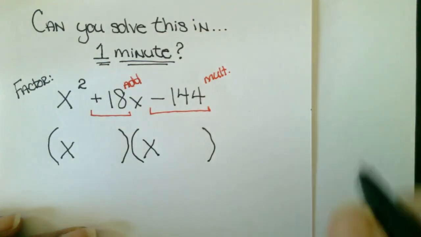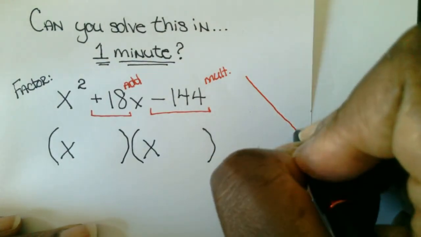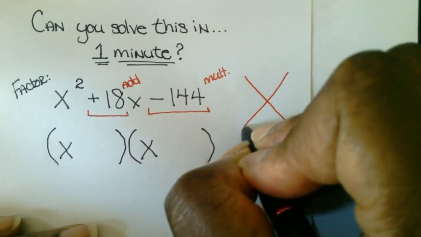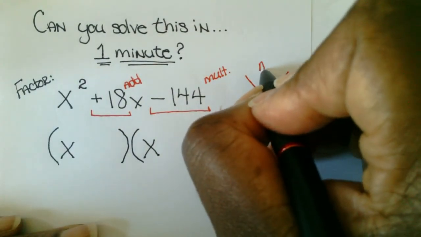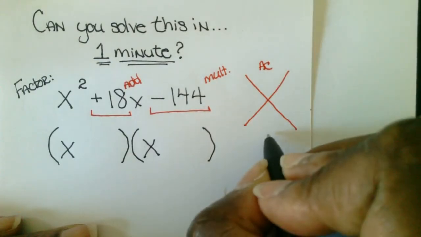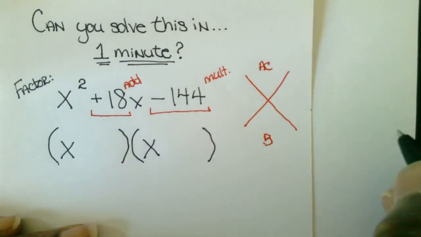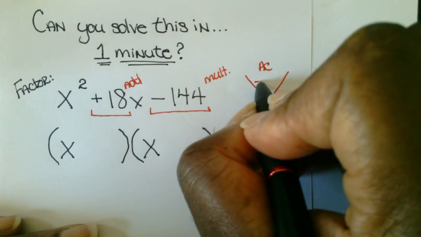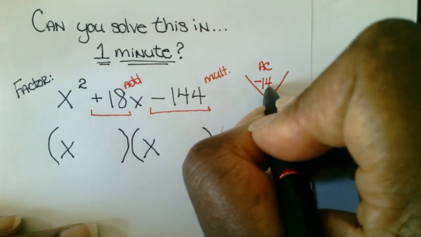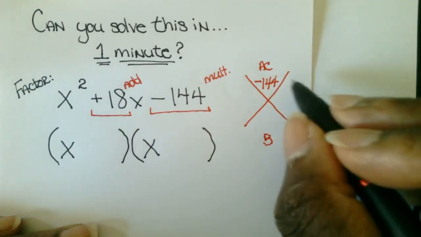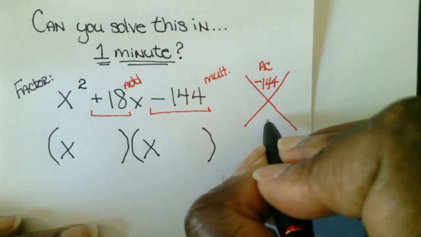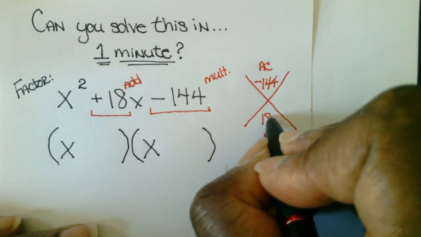Some teachers will draw a little representation: your AC goes up here and you rewrite your B here. So we're trying to get our -144, which is multiplying, and then we rewrite our 18.